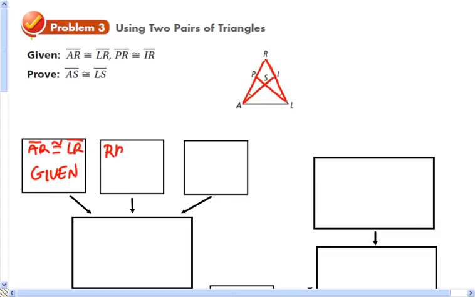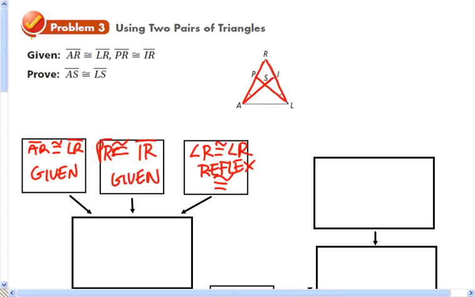PR is congruent to IR. That's given. And we also have an angle that those two triangles have in common, so angle R is congruent to angle R by the reflexive property of congruence.